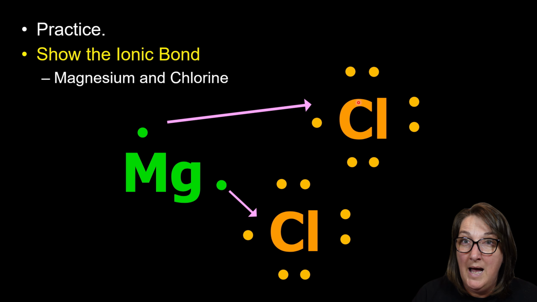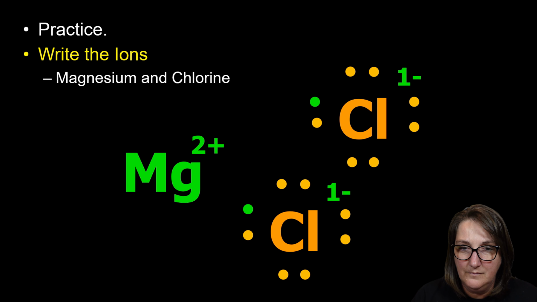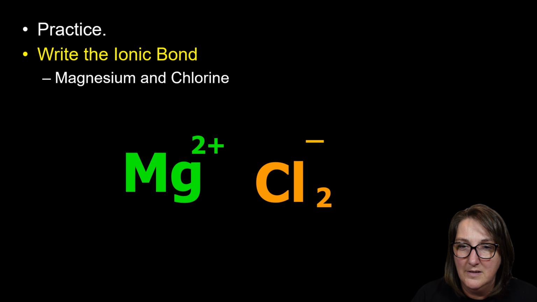So this is going to be a -1. How many did this one gain? It gained 1. So this one is also -1. But when I write out my formula, I need to show I have 2. Do you remember what it's called, that number that I write at the bottom that tells me I have 2 chlorines? It's my subscript. So when I write it out, I have to write it out like this.